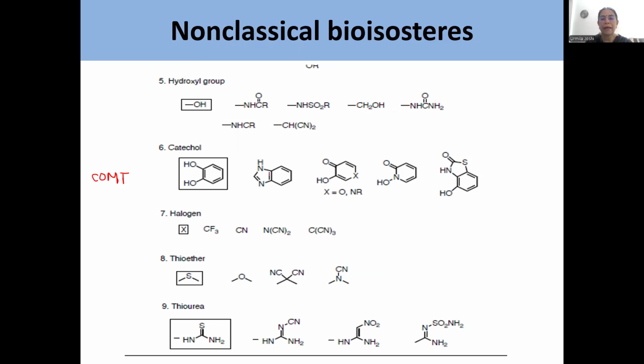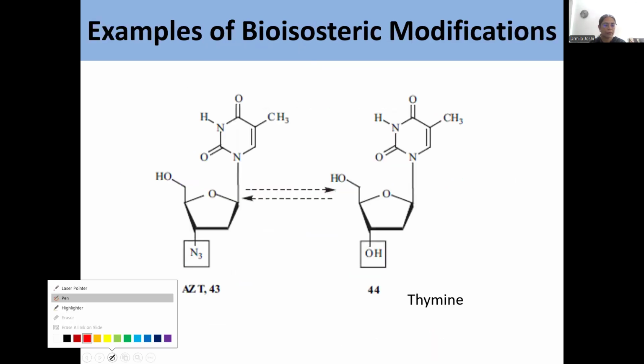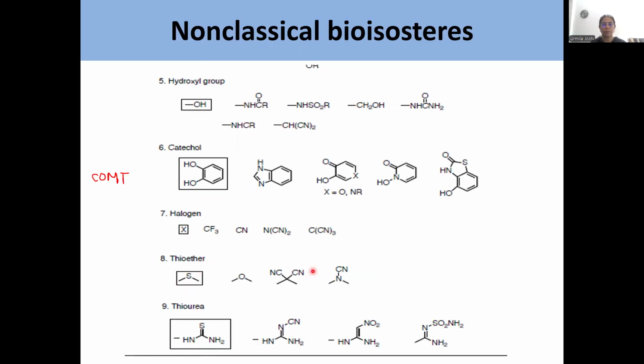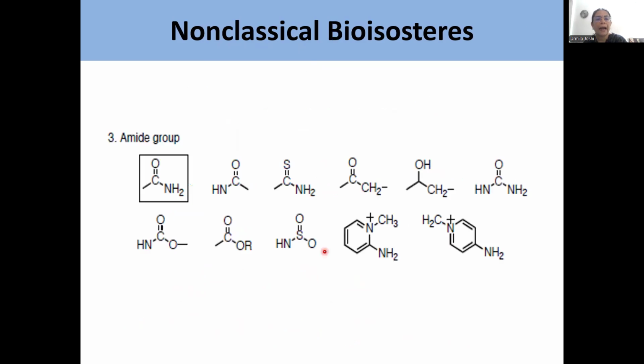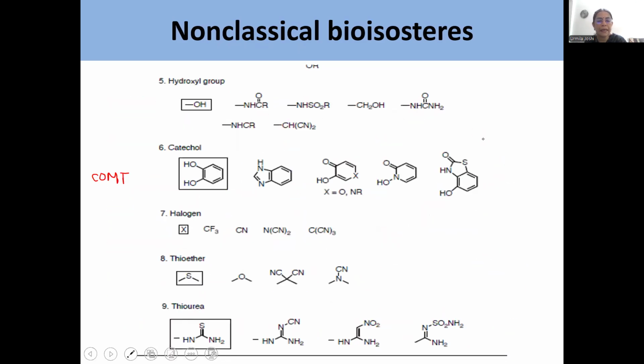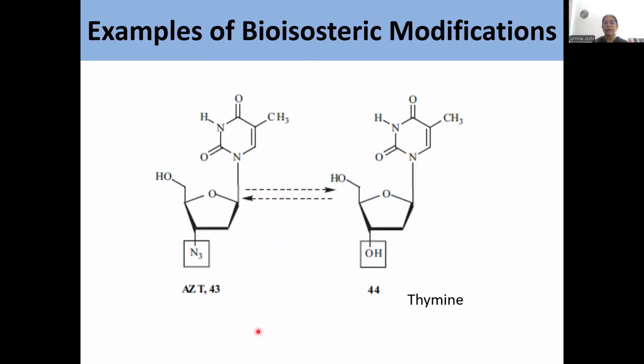Therefore, these are the bioisosteres of catechol. Thioether, there are various bioisosteres of thioether. Have a look at this. Thiourea also. This example of thiourea and the earlier example of carbonyl group, we will see in detail in ranitidine.